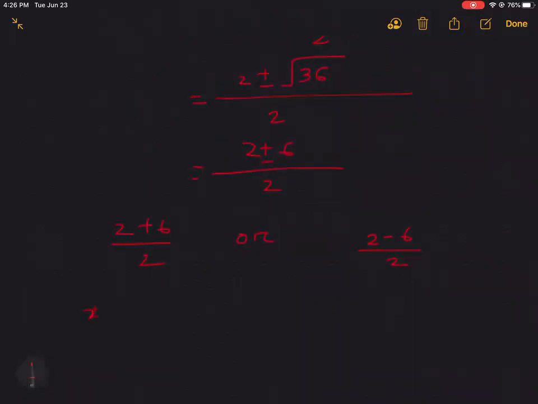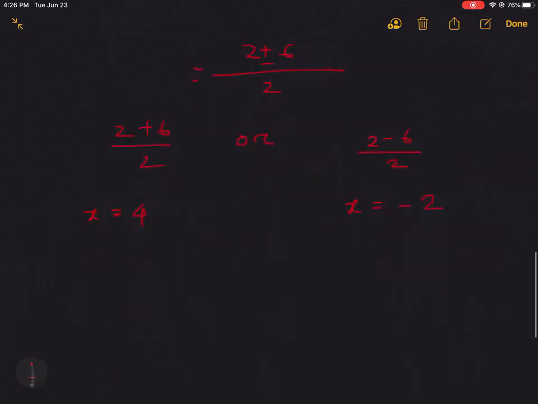So x will be 2 plus 6 is 8, 8 over 2 is 4. Or x will be 2 minus 6 is negative 4, and negative 4 over 2 will be negative 2. So your set of solutions will be negative 2 and 4, and this will be your answer. Any question from this? This will be your solution set, right?